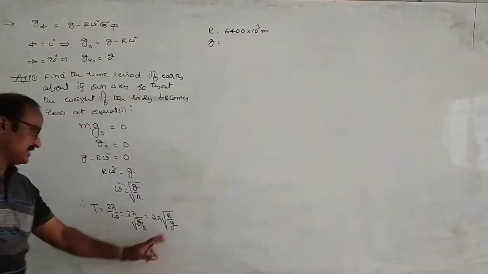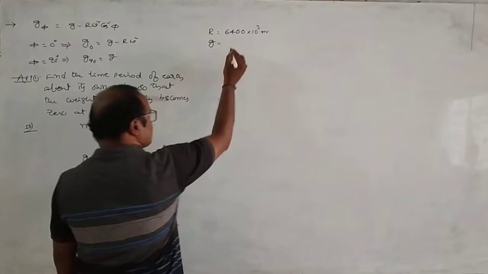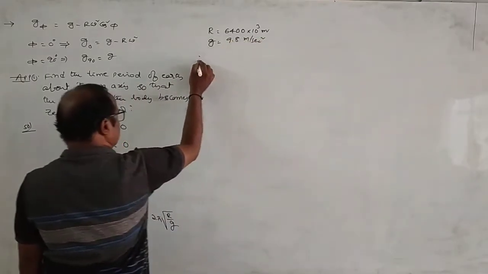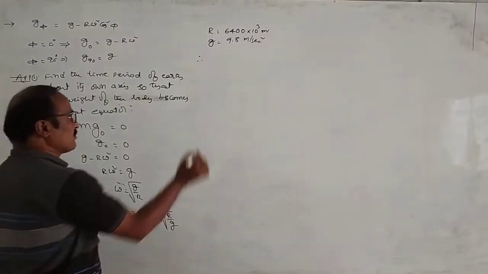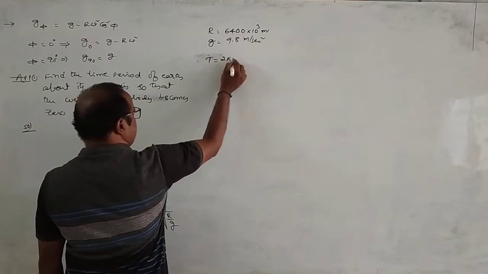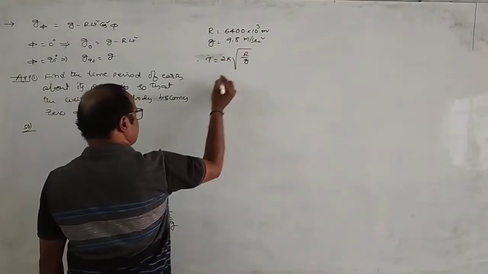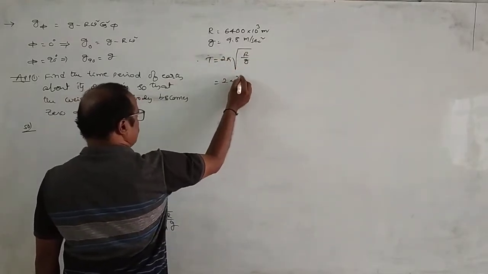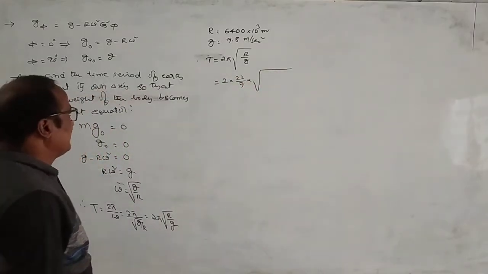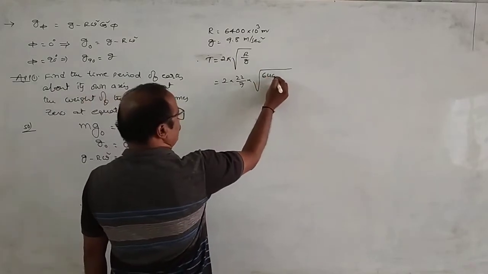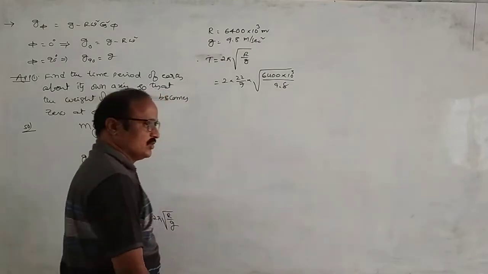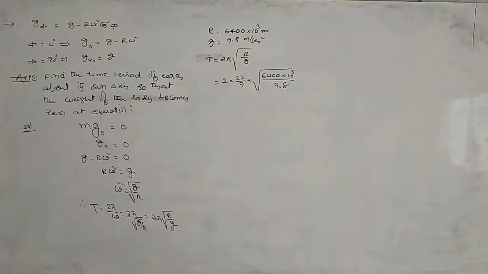Acceleration due to gravity on the surface of earth, g is equal to 9.8 meter per second square. Therefore, the time period T is equal to 2 pi into root of r by g, or 2 into 22 by 7 into root of 6,400 into 10 cube by 9.8.